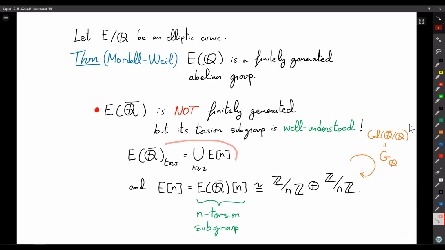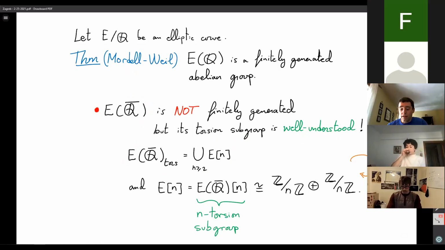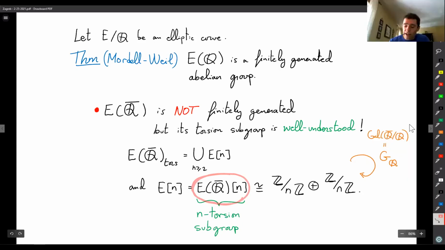They're all points of finite order, and the points of order dividing n, what we call the n-torsion subgroup, we know is isomorphic to two copies of Z mod n. Here it is two copies because we're working in characteristic 0. If you change this and talk about elliptic curves over fields of other characteristic, then this might change a little bit.